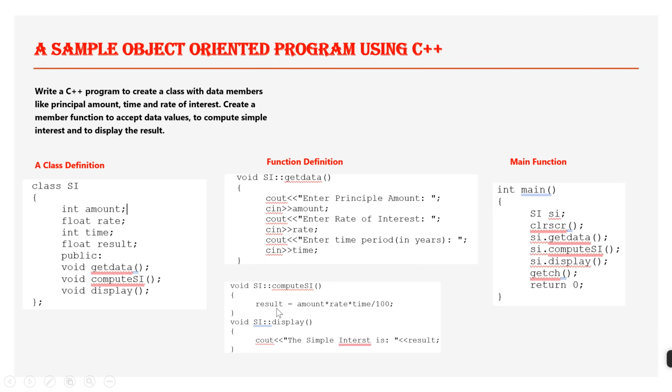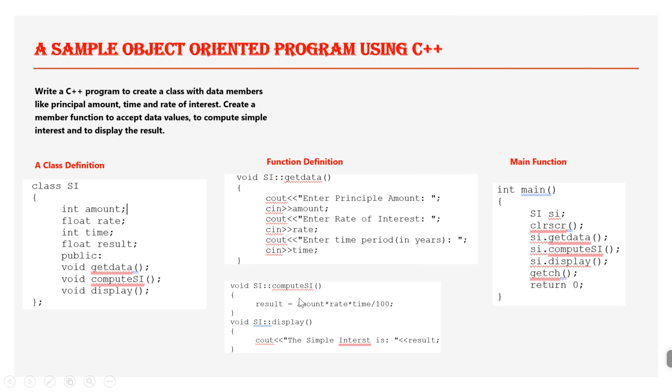Result is equal to amount into rate into time divided by 100. Please remember, amount, rate and time get their values through get data, whereas result will get its value by executing the function compute SI.